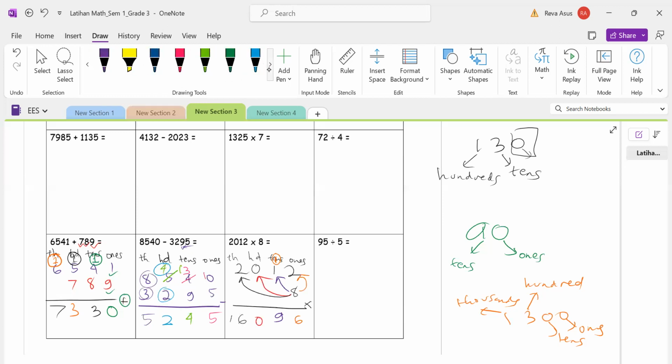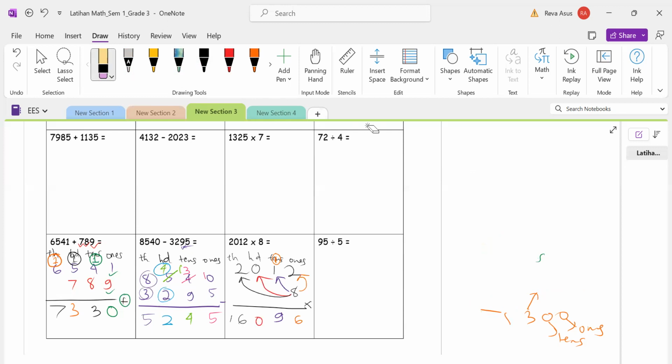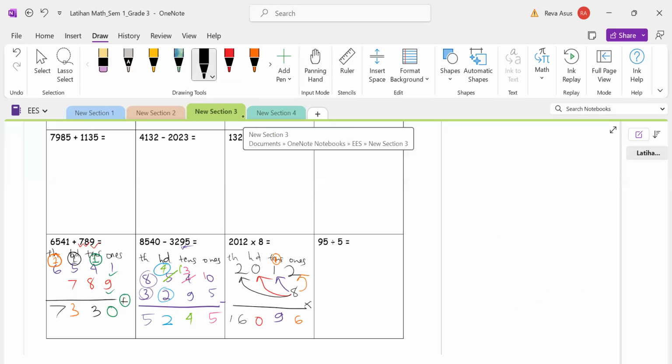And the last one of this number is 95 divided by 5. Let me erase this first. So 95 divided by 5. To do this division, let's just do the long division to make it faster.